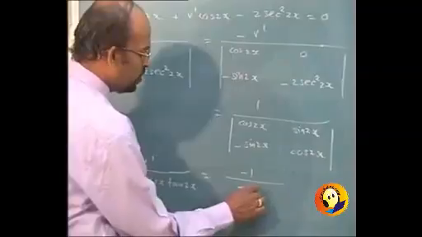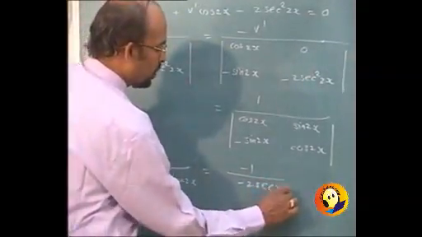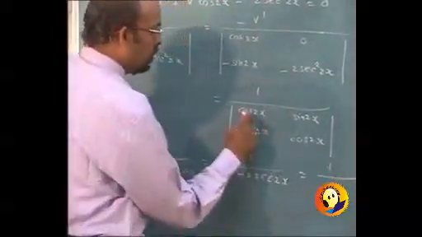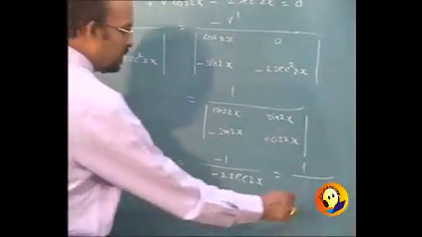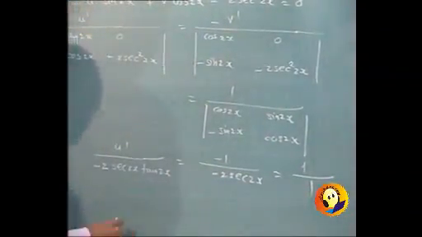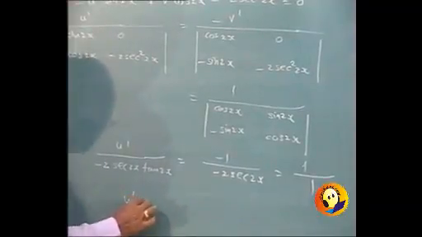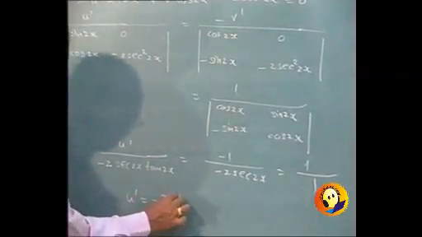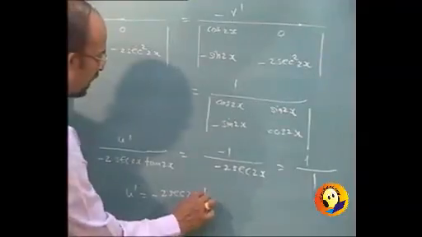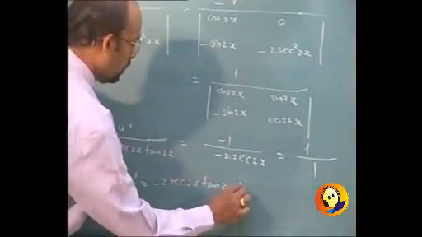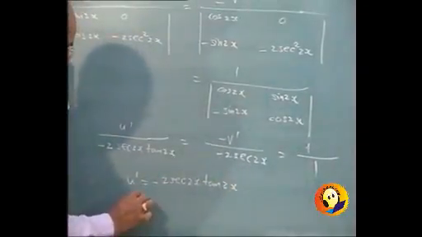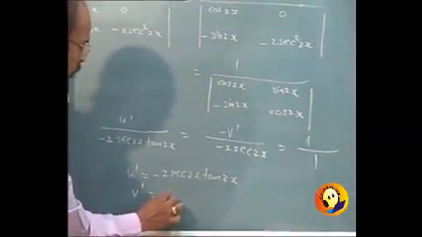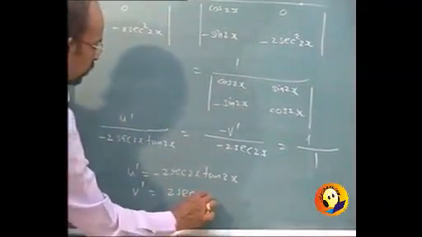It will be minus 2 sec 2x equal to 1 upon cos into cos is cos square, minus minus plus sin square, cos square plus sin square is 1. And so we get value of u dash as minus 2 sec 2x tan 2x, and we'll get value of v dash as 2 sec 2x.